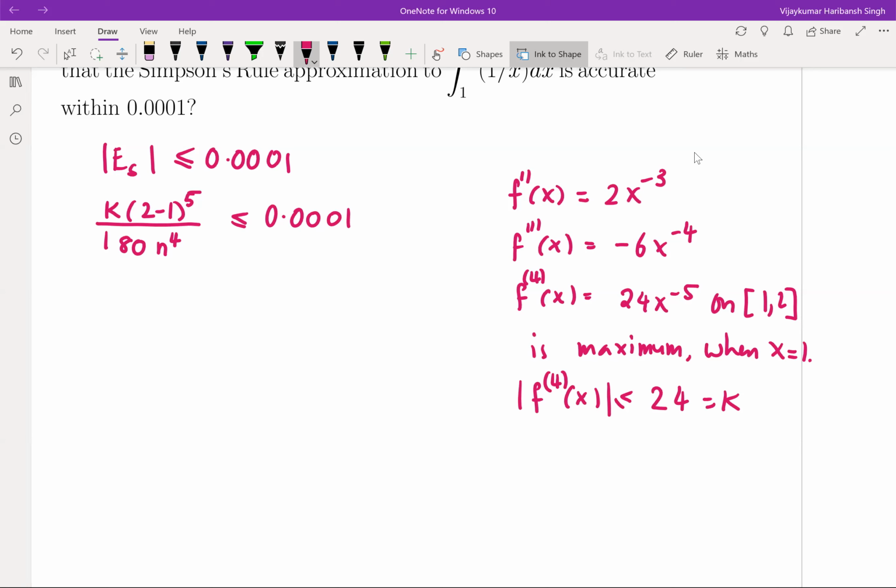So you plug it back here. So 24 divided by 180 n to the 4 is going to be less than 0.001.